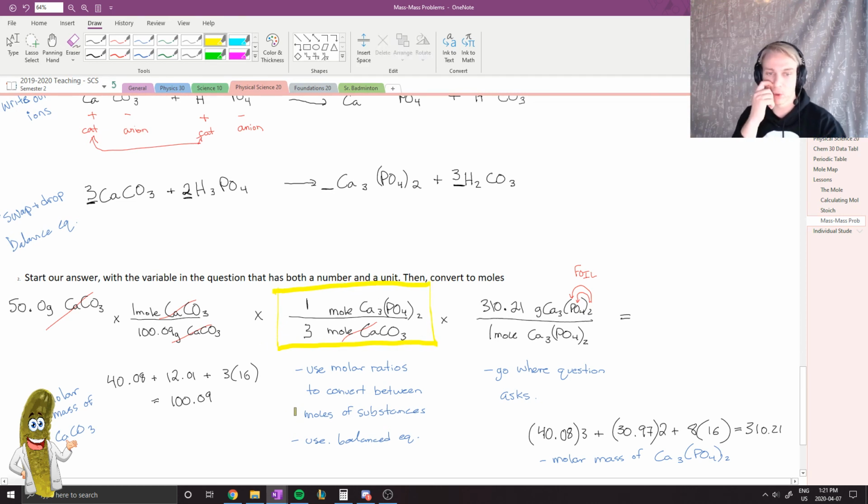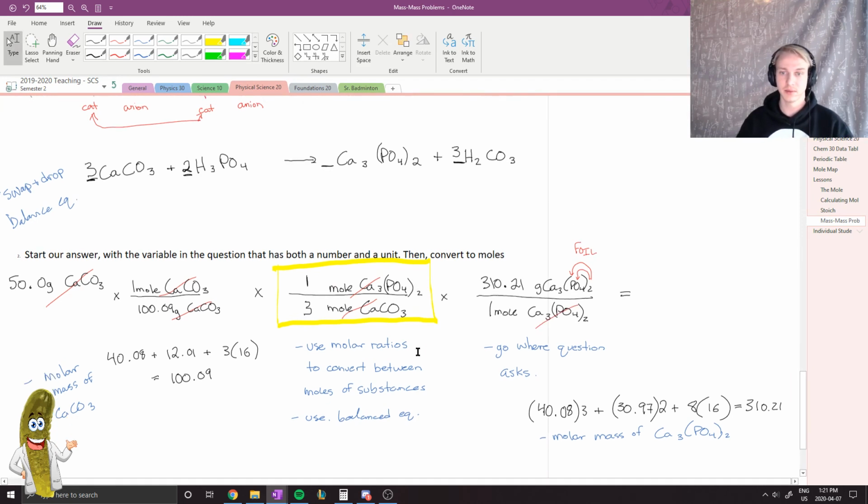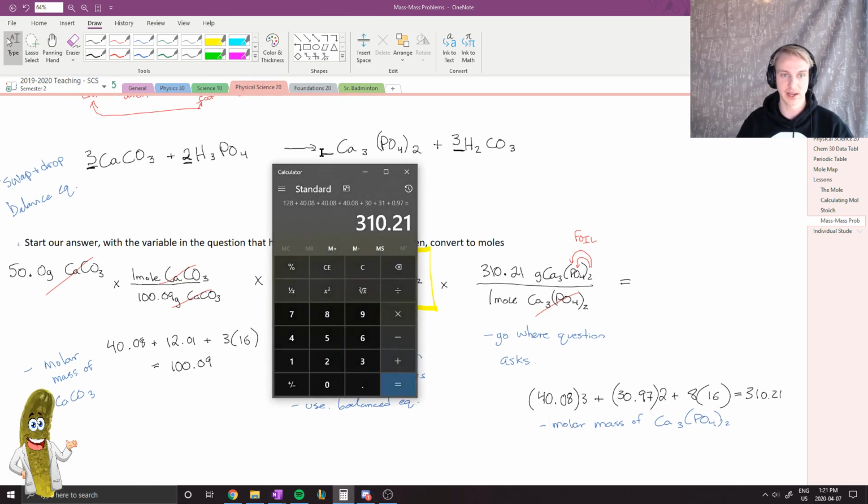where we're using our molar ratios, and we're converting between moles of different substances. So what we've done is we've gotten out of moles of Ca3(PO4)2 and into grams of Ca3(PO4)2.